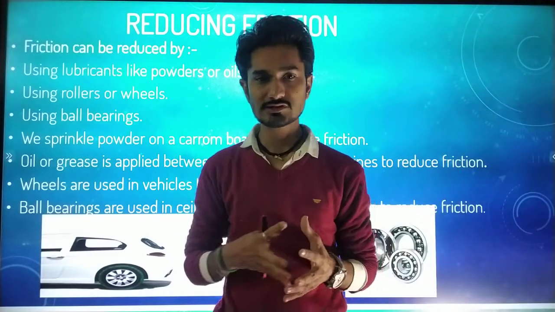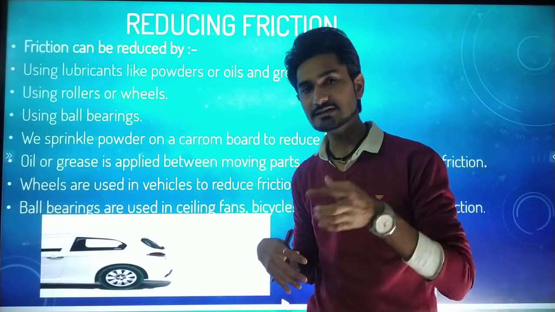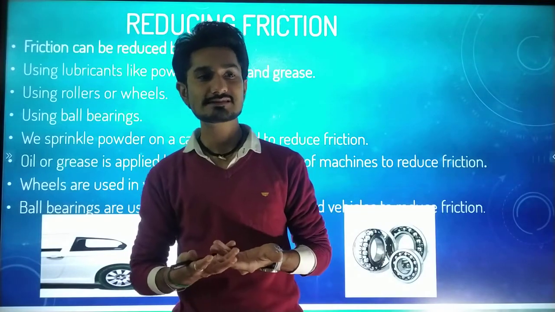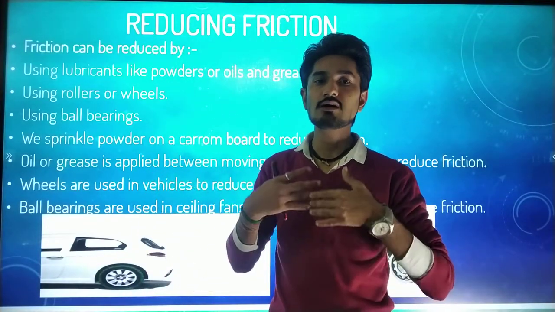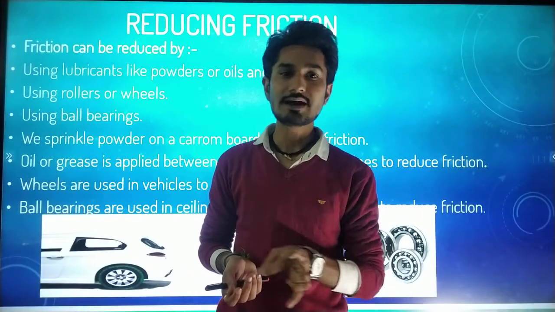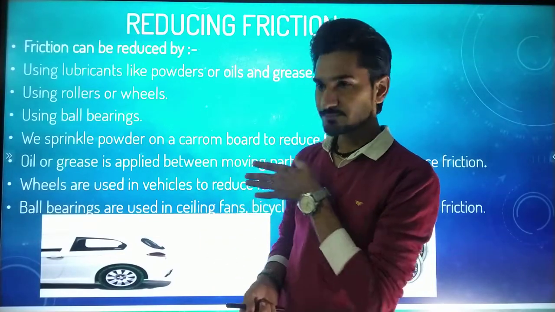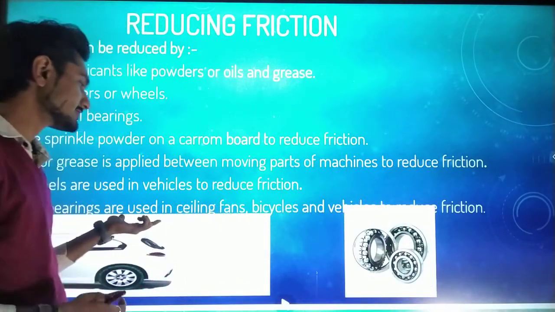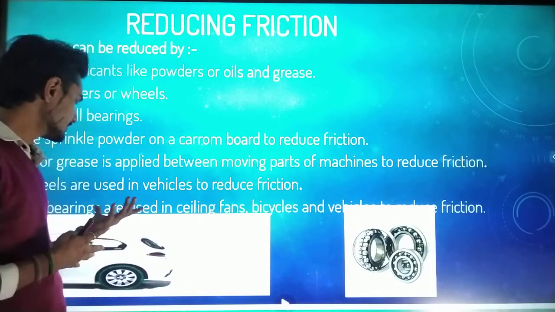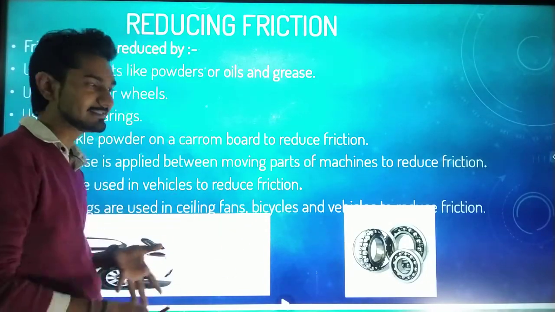Ball bearings are mostly used where, see, it is the point that we have to understand, because it is not necessary to put ball bearings in all rotatory machines. So we can put ball bearings in bicycles, ceiling fans, between the surfaces that come in contact with each other.